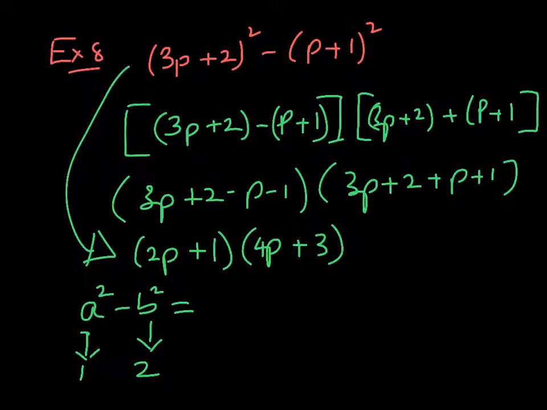So it has two factors because it's a square. The first factor is the first term minus the second term, in this case a minus b, and then the second factor is the first term plus the second term, in this case a plus b.